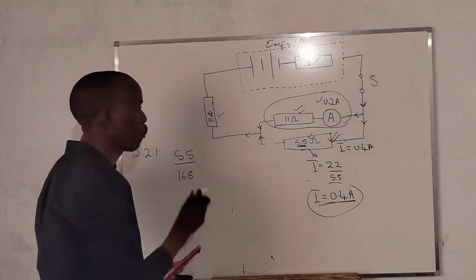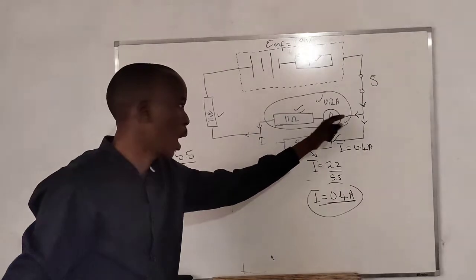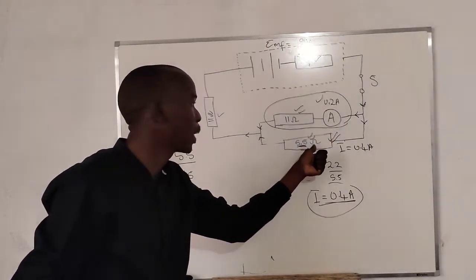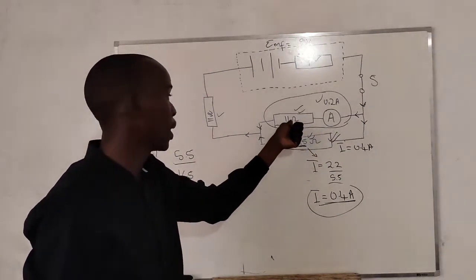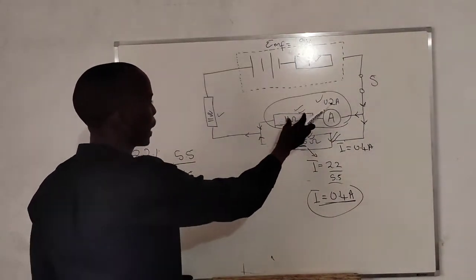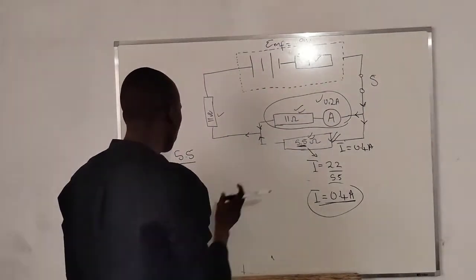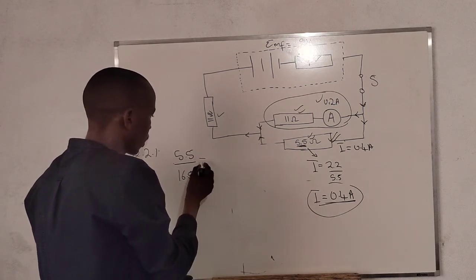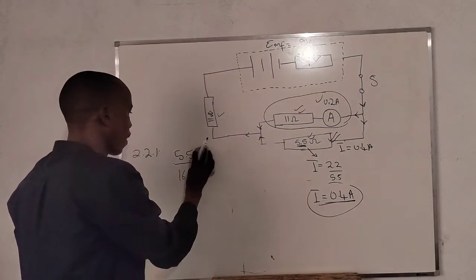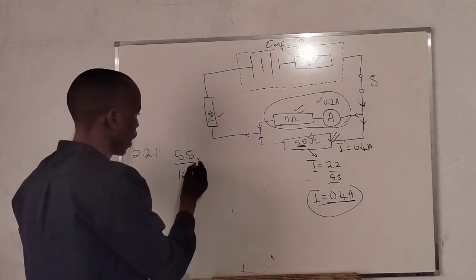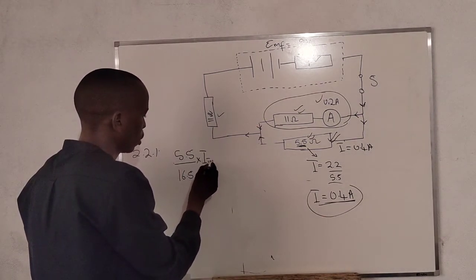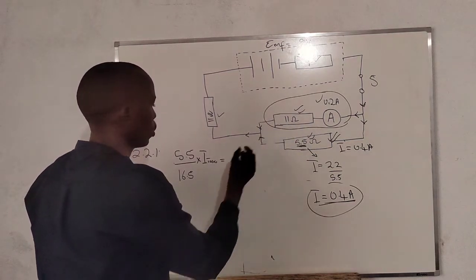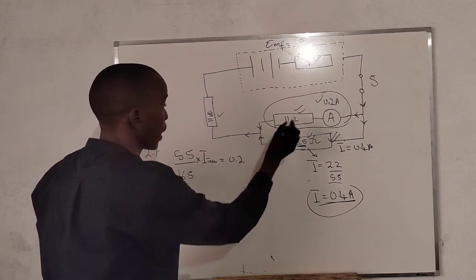So the ratios are just the opposite, because at the division of the current, most of the current will pass through the 5.5 ohm resistor rather than the 11 ohm resistor, because this one has got a bigger resistance than this resistor. So from there, to find the total current, we have to multiply by the total current, I total, which is equal to the current passing through, we got 0.2 amperes, as you can see.